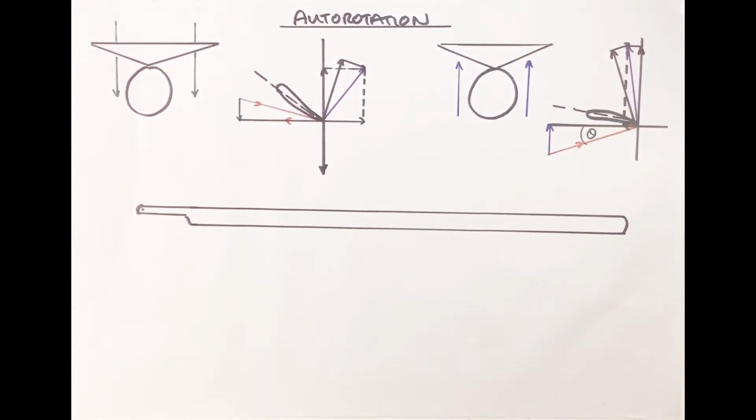And at that point, the aircraft will no longer continue accelerating downwards, but it will reach a steady state speed. And at that point, you're then established in autorotation, and you will neither decelerate or accelerate downwards unless you put any other control actions in, which we'll look at later.